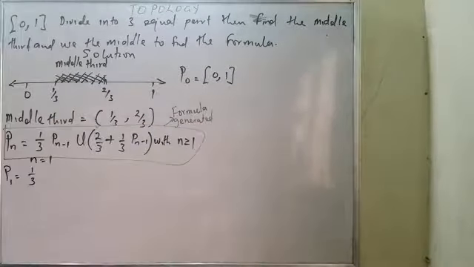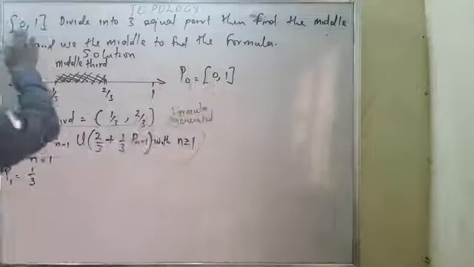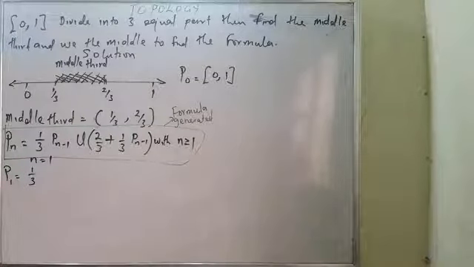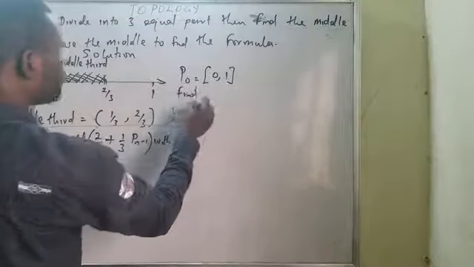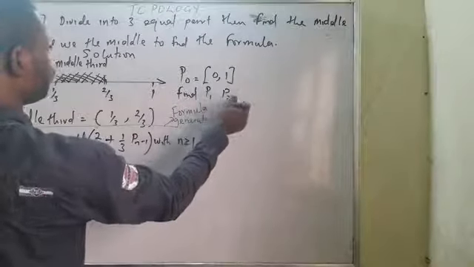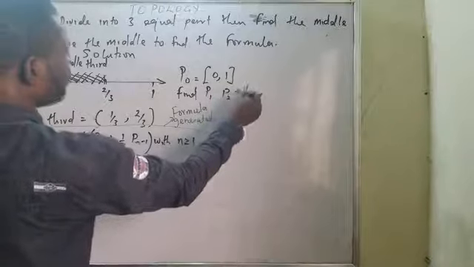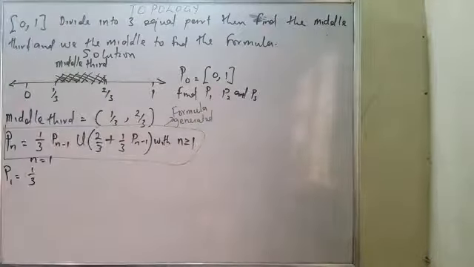That is my P naught. Take note of this. Let me try to find P1, P2, and P3 for better understanding. Now, let's work towards those and see what will happen.